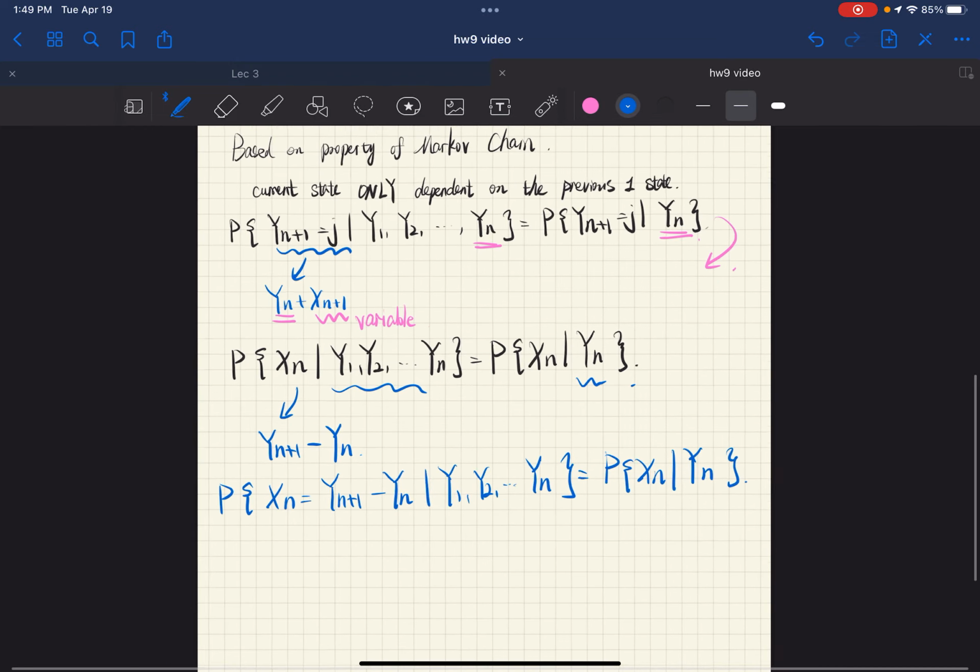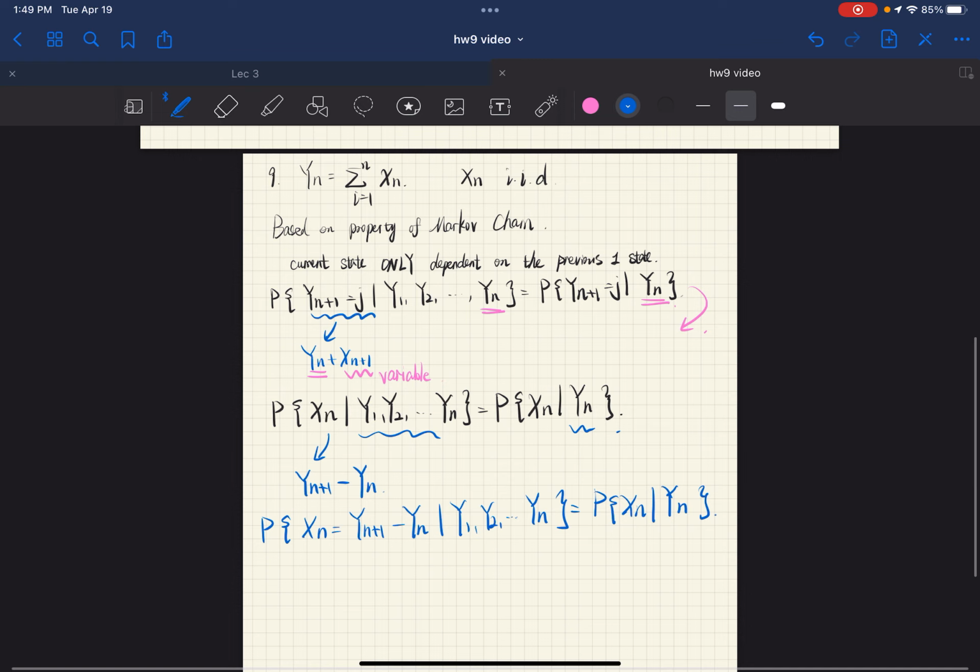So here we have derived the requirement for a Markov chain, which is that the current state is independent of all previous states.